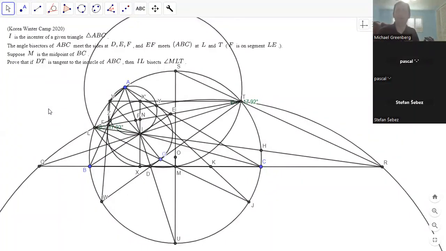Yeah, I feel like once you solve this problem, there's probably a way to construct the diagram exactly.